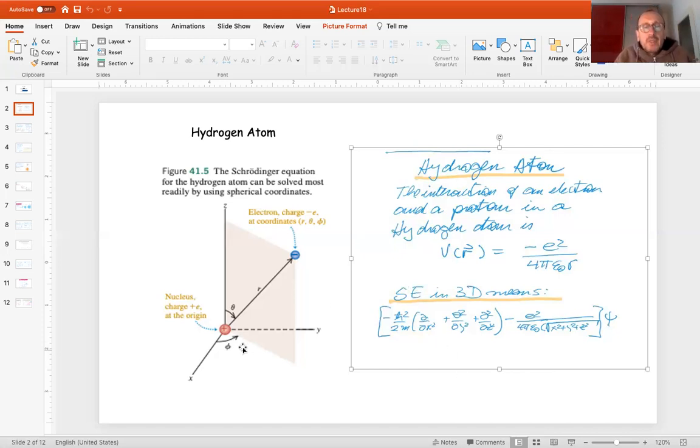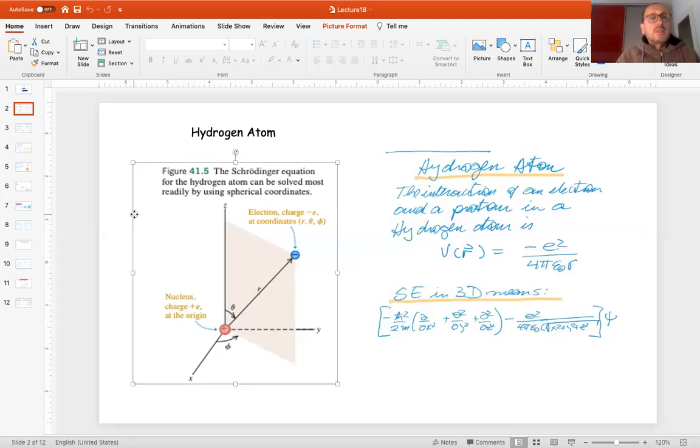What we want to do is solve the Schrödinger equation in 3 dimensions. And that means we have to add to the kinetic term, which is minus h-bar squared over 2m times the Laplacian, in this case the second derivative with respect to the variables x, y, and z of the function phi.